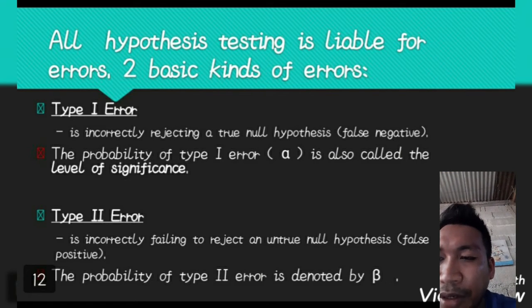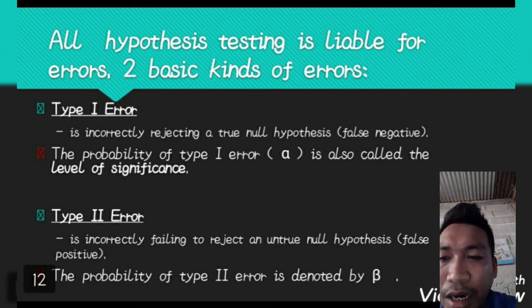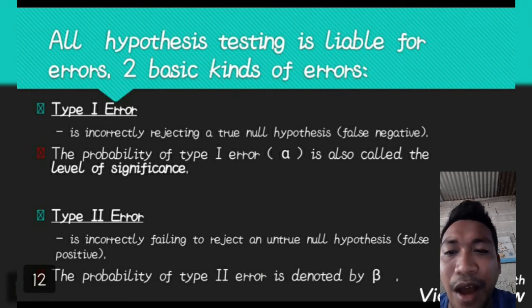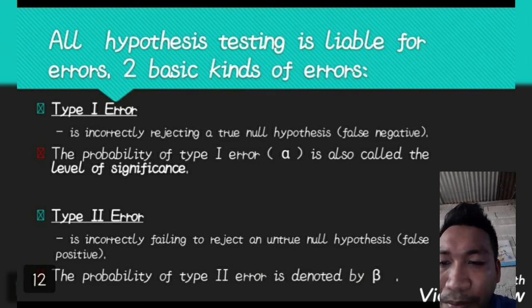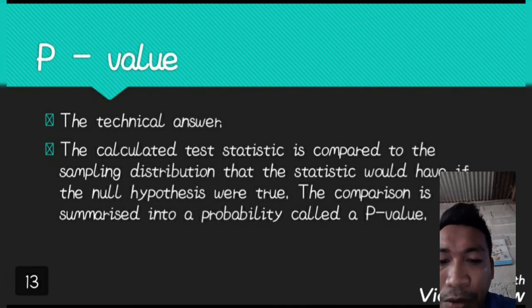A type 2 error occurs if the null hypothesis is not rejected when it is in fact false. And unlike alpha for type 1, which is specified by the researcher, the magnitude of beta for type 2 depends on the actual value of the population parameter proportion.